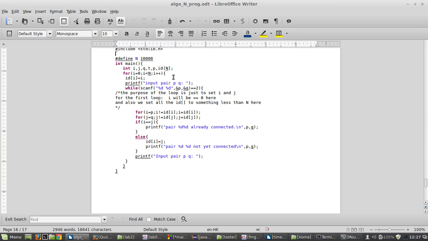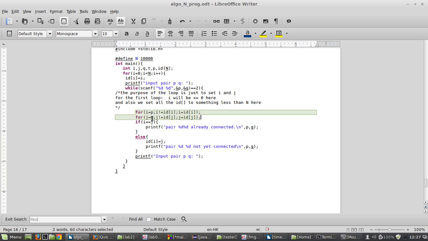For union, you try to replace the component as a whole, then you find the connected component. For find, it was just finding whether the components are connected or not, right?